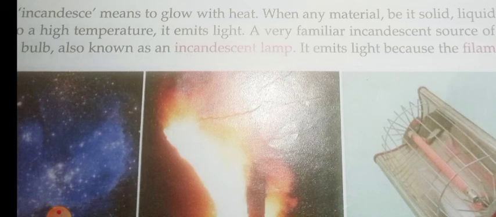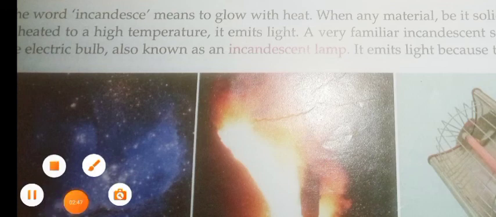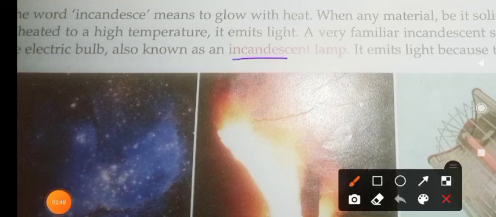Okay, children, these are the sources which emit light with the help of heat. They are called incandescent sources. Incandescent means they glow with the help of heat. When they are heated to a high temperature, they produce light.